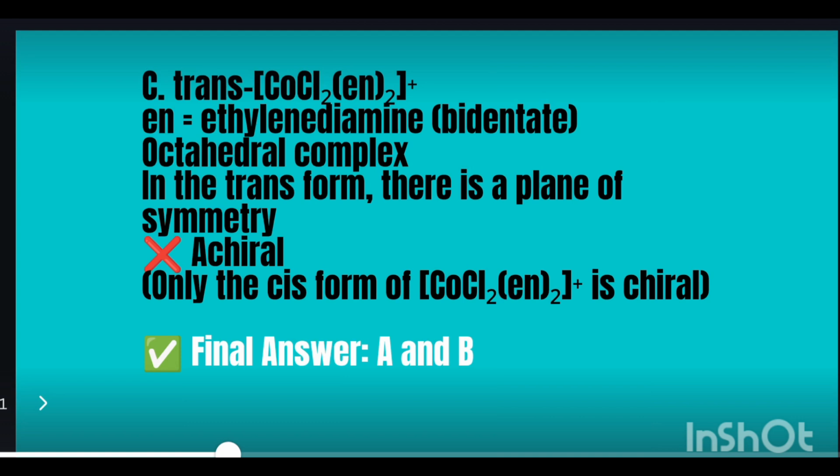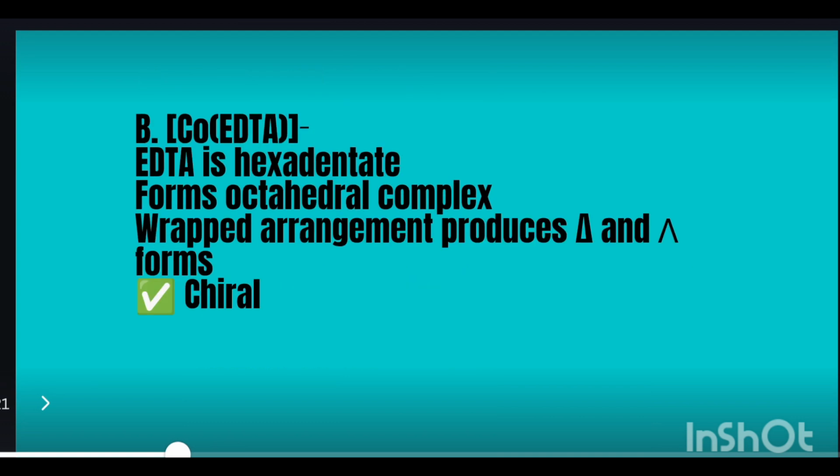En is ethylene diamine, a bidentate ligand, octahedral complex. In the trans form there is a plane of symmetry, so this is not chiral. Only the cis form of Co(en)2Cl2 plus is chiral. So the final answer is A and B.